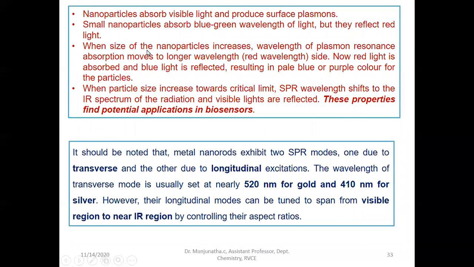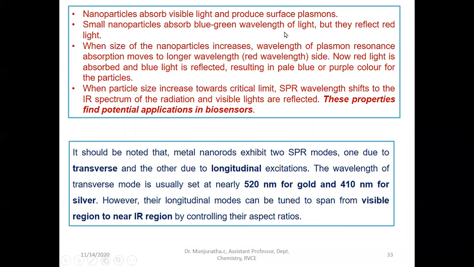So we know that nanoparticles absorb visible light and produce surface plasmons. Small nanoparticles absorb blue-green light. We know that in visible light we have VIBGYOR. They absorb some light and reflect the complementary color.